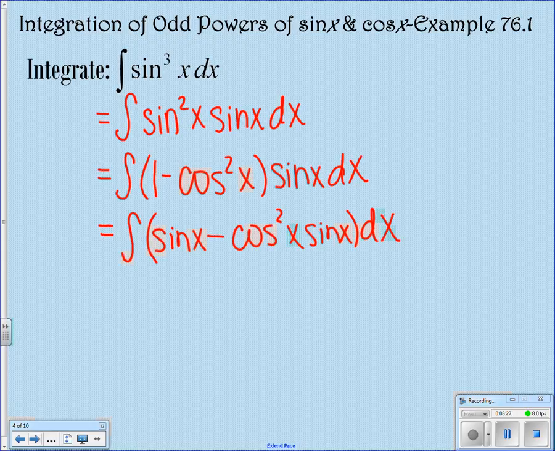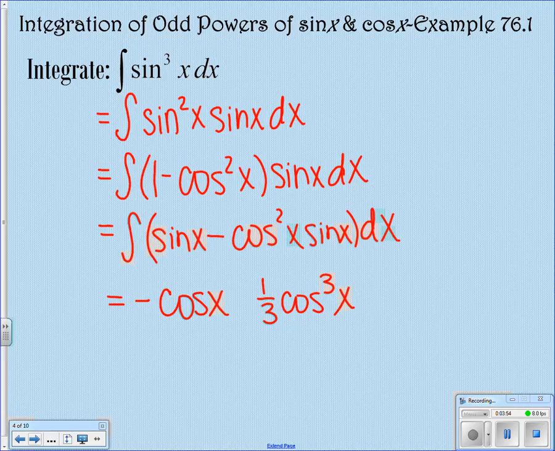So the integration of sine is negative cosine. And on this one, we can actually do what we were going to try and do possibly earlier. The integration of cosine squared sine, we can write as 1/3 cosine cubed. And I left the sign blank because I want to see, is it a positive or is it a negative?